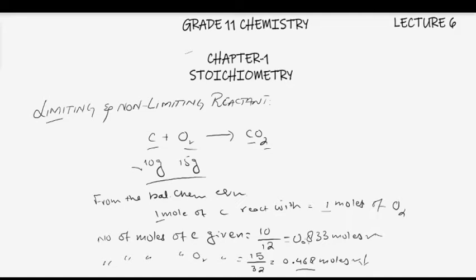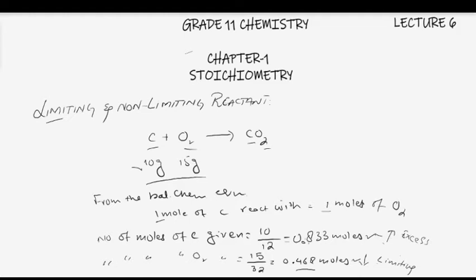Or in other words, if we have 0.468 moles of oxygen, we would need 0.468 moles of carbon, but here we have 0.833 moles, so we have carbon in excess of what is required to react with 0.468 moles of oxygen, which means that carbon here is in excess and oxygen is the limiting reactant. So oxygen is the limiting reactant and carbon is the non-limiting reactant or the excess reactant in this case.